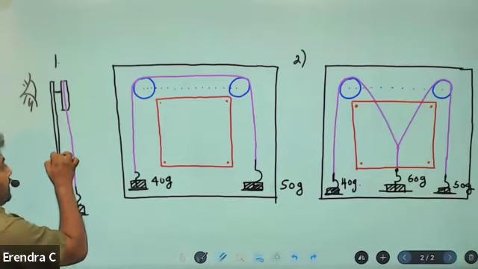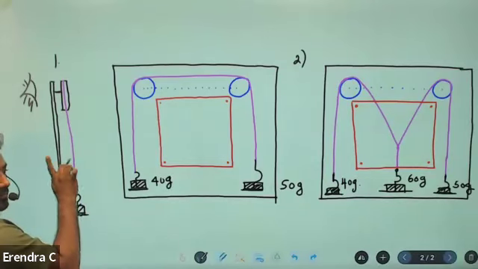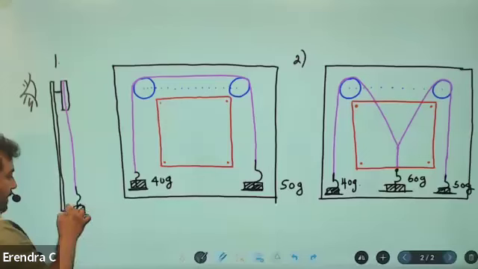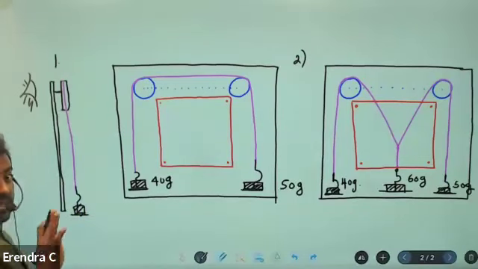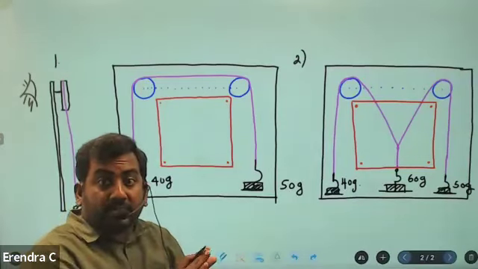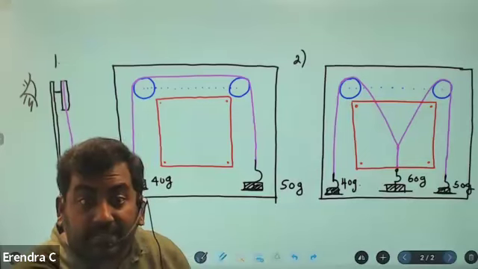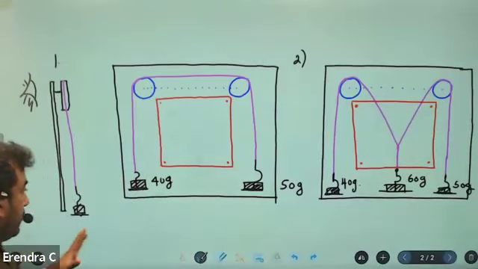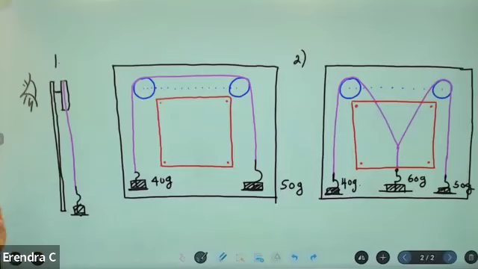So is the string touching the board? No. Is the weight touching the board? No. There is no touching there. Because if it touches, there will be friction. So they are free to move. So this is your initial apparatus.